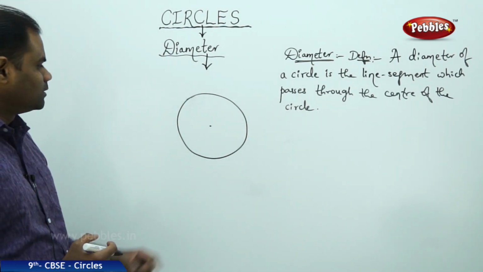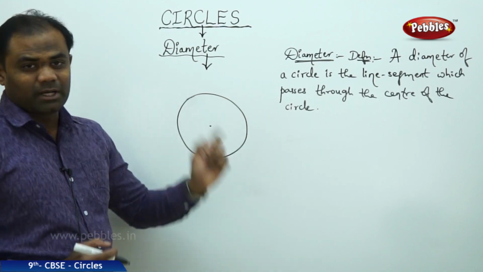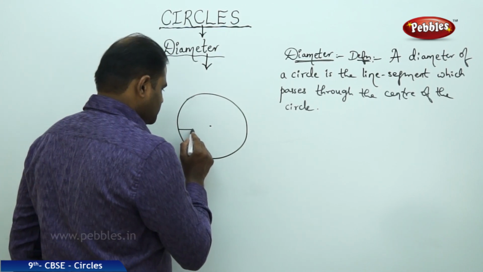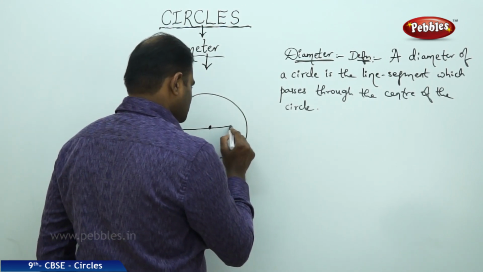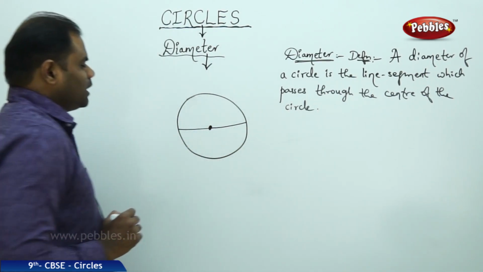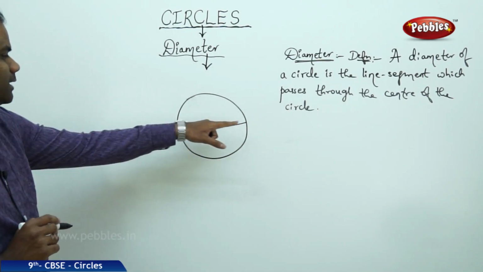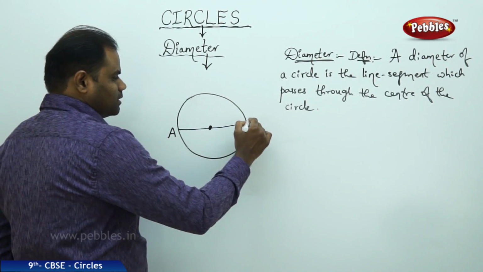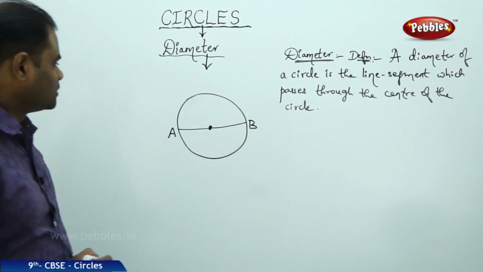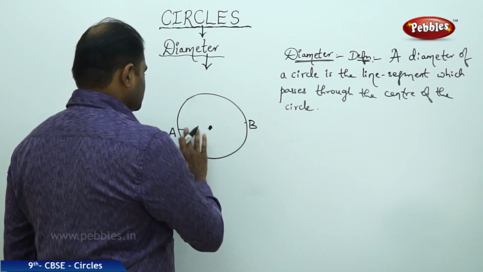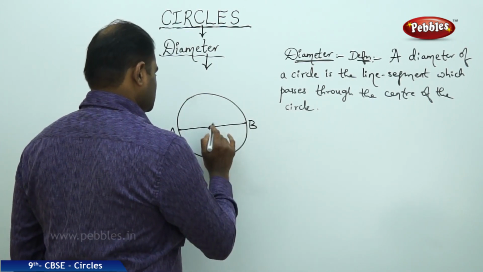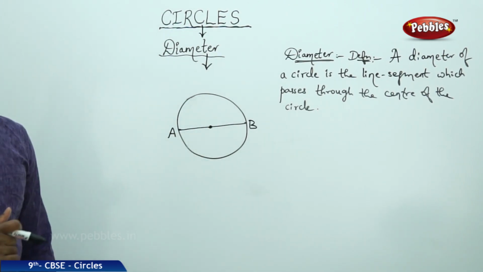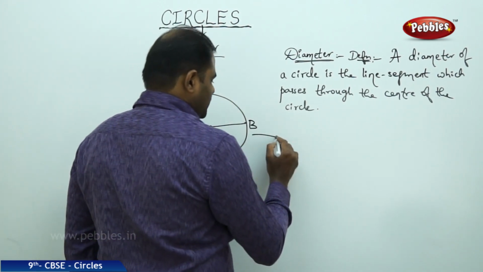Now here we have many line segments in the circle, but only a line which passes through the center is called a diameter. Suppose I have a line AB which passes through the center, then I call this line AB the diameter. AB is the diameter.